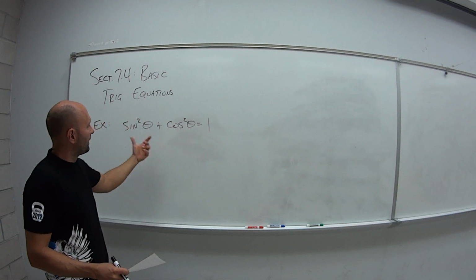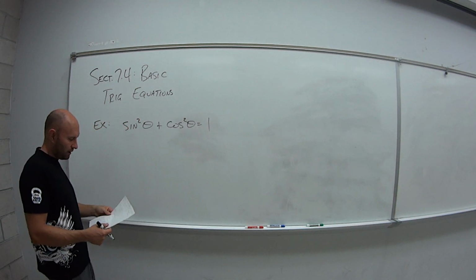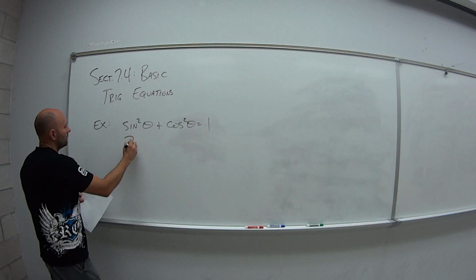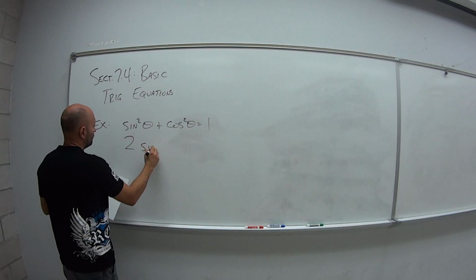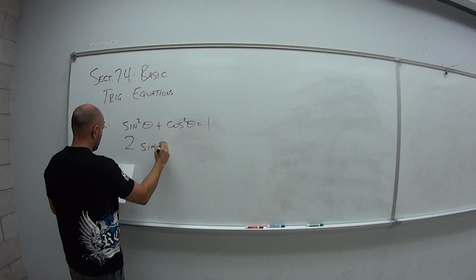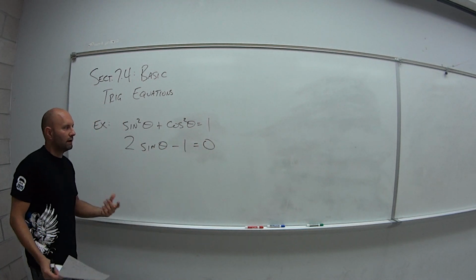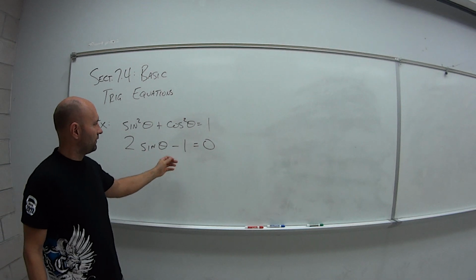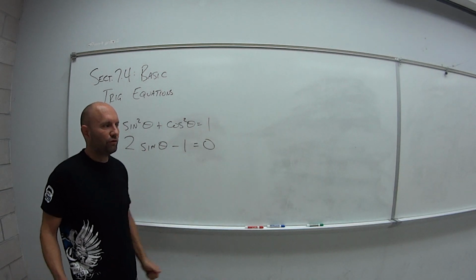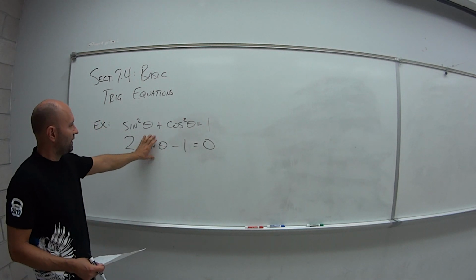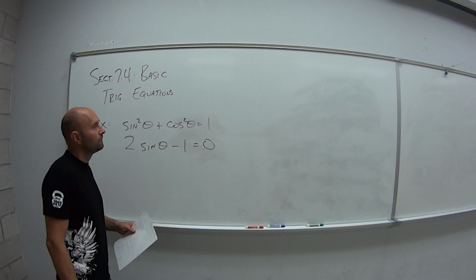But because of the equal sign, we can actually solve and find values for theta. Another possibility is something like 2 sine of theta minus 1 equals 0. Again, with trig equations, we can solve this to get theta equals something, and find what values of theta would make this equation true.